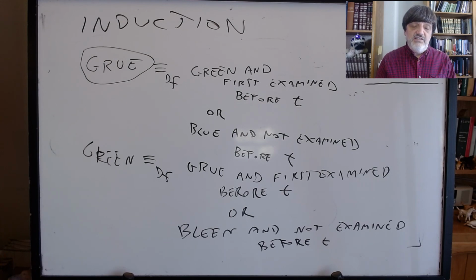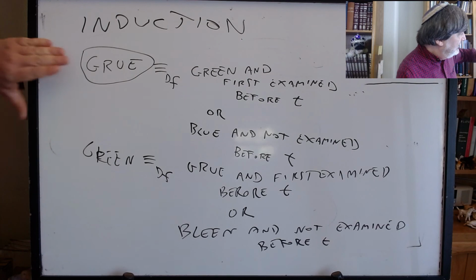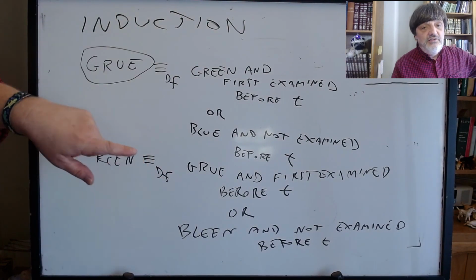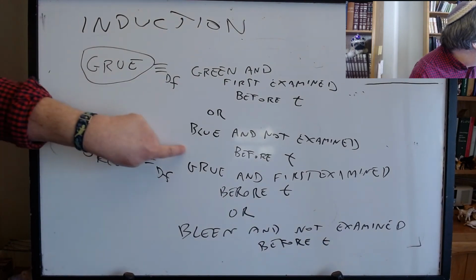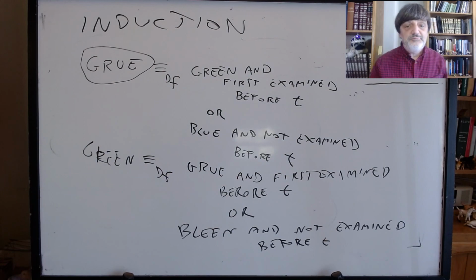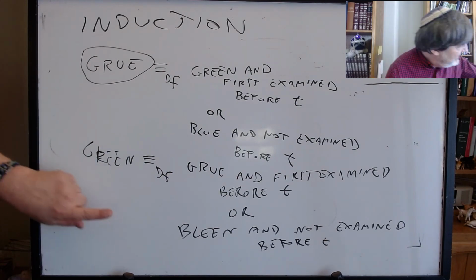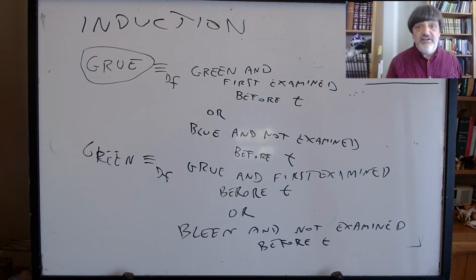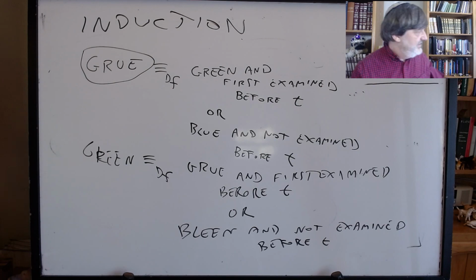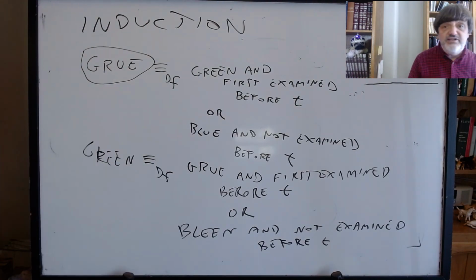And if something wasn't examined before T and it's green, then the definition of Boolean just has blue and green reversed here. So in particular, this part of the definition of Boolean says green and not examined before T. So if something is Boolean and not examined before T, it's green. And vice versa. So this is a perfectly good definition of green.